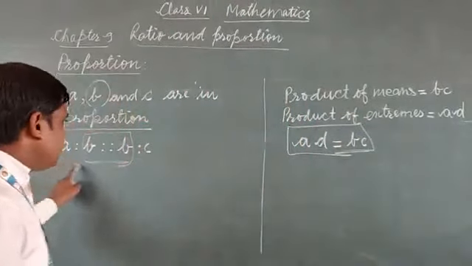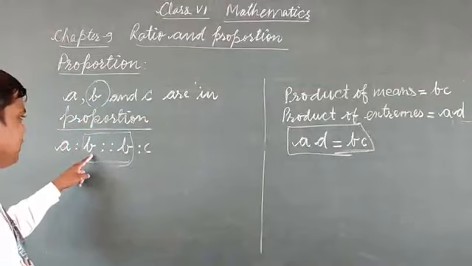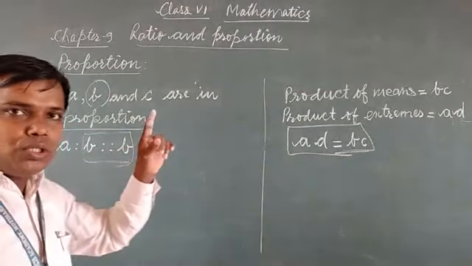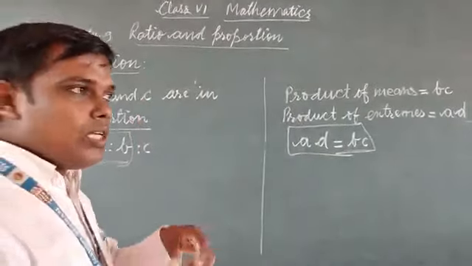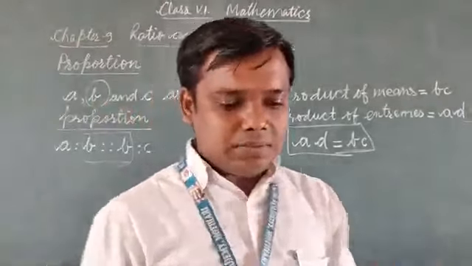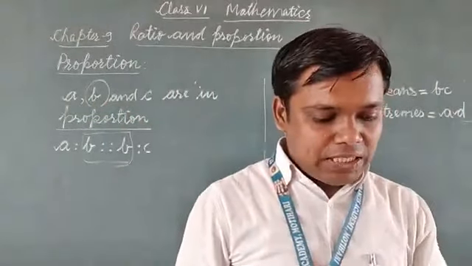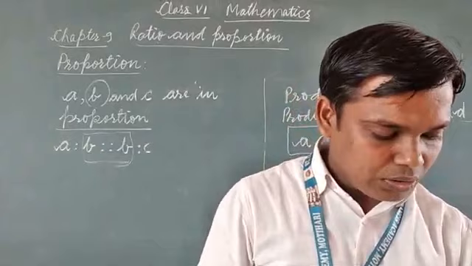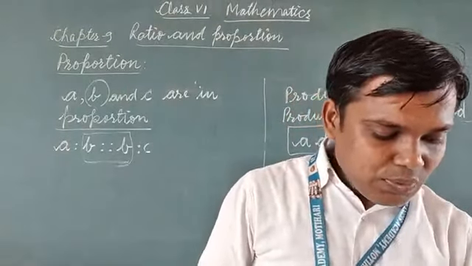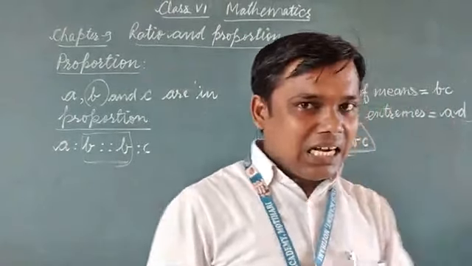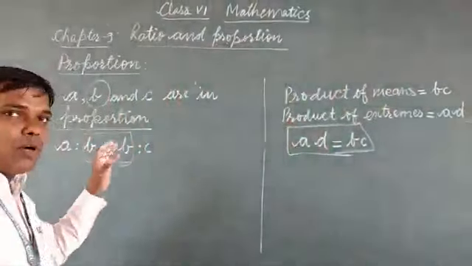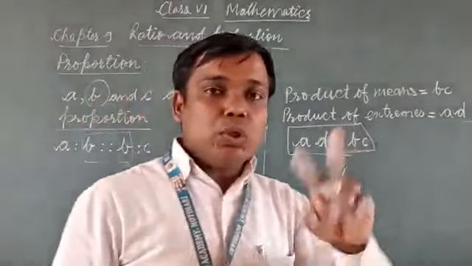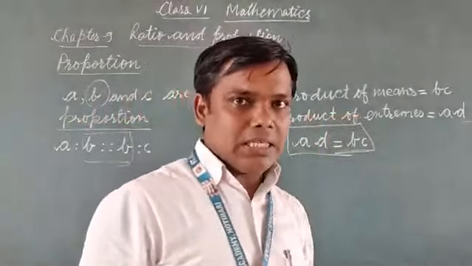We can write it this way: A is to B, proportion to B is to C. So if 3 numbers are given and you have to check whether they are in proportion or not, you can easily write the middle term among them 2 times as mean.